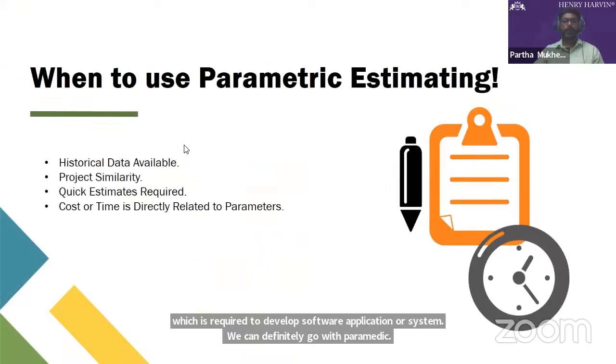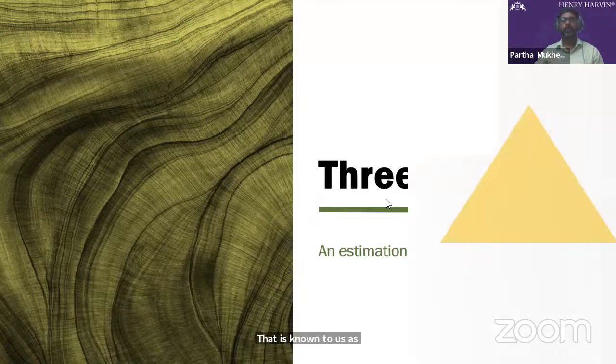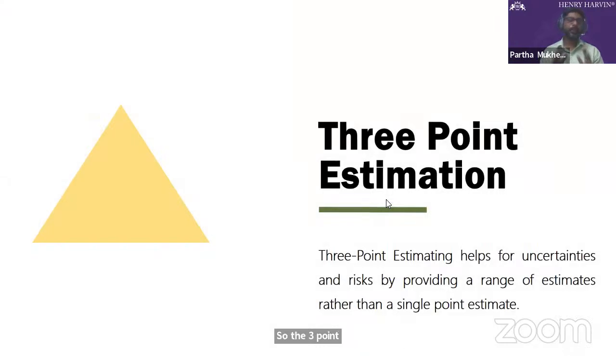Then comes the fourth kind of estimation technique, known as the 3-point estimation technique. The 3-point estimation technique in project management is used to estimate the duration and effort required for project activities or tasks.